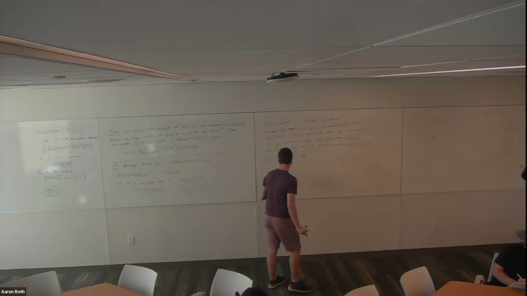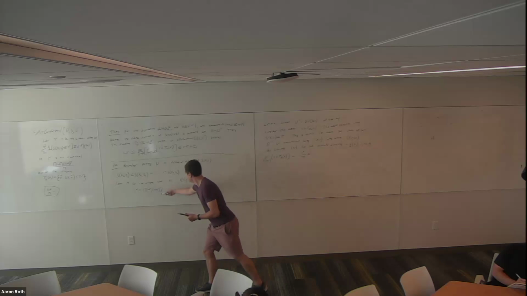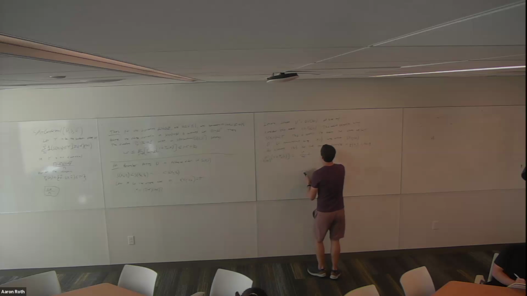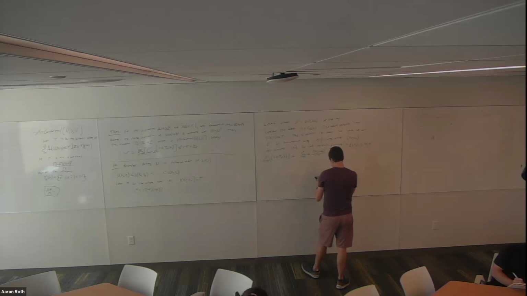We know what I star is. I star is just the ceiling of 1 minus delta times n+1. Now the ceiling only makes things bigger, so this is only larger than 1 minus delta times n+1, over n+1.